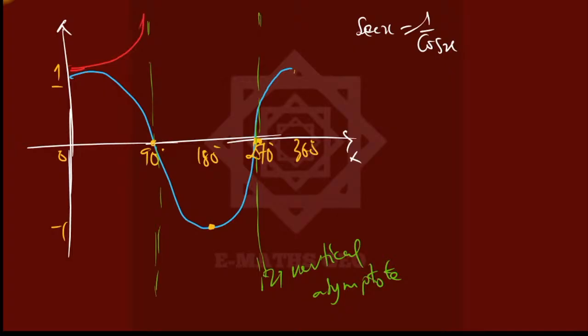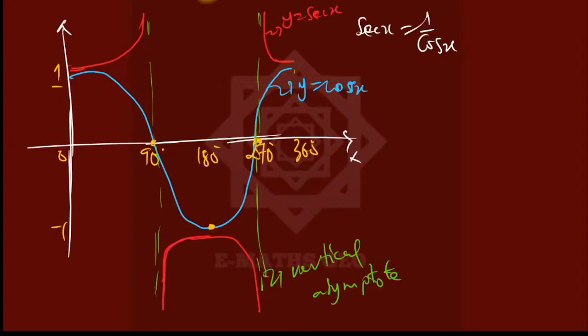Since this one, the sky blue, is y equals cos, the red one is now sec. The red graph is now y equals sec. So that's how we sketch the graph of sec using cosine.